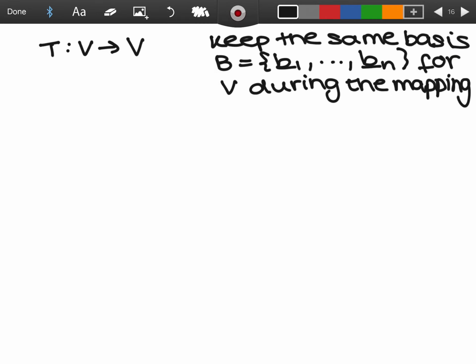So when we map using T, we're going to keep to that same basis for V the whole time.